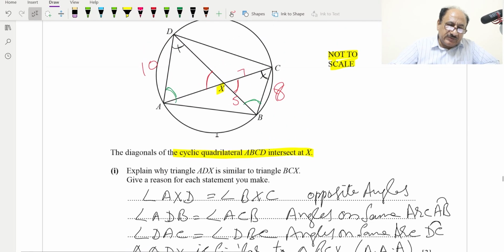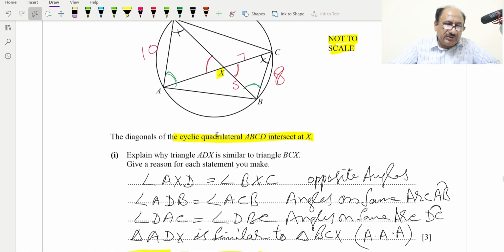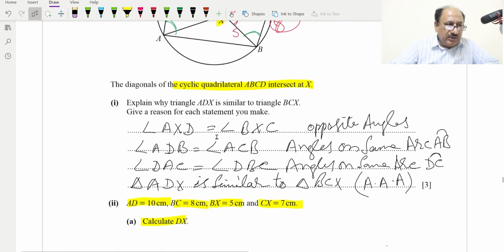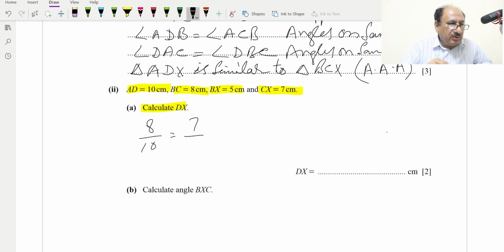So DX, now we can write the ratio basically 8 over 10. The ratio between these two will be equal to ratio between these sides, this one and DX of this one. So 8 over 10 will be equal to 7 over DX.